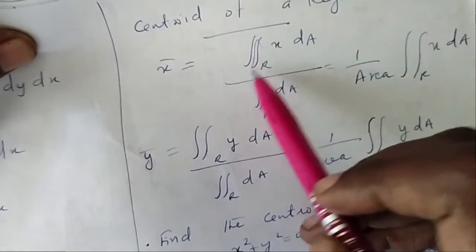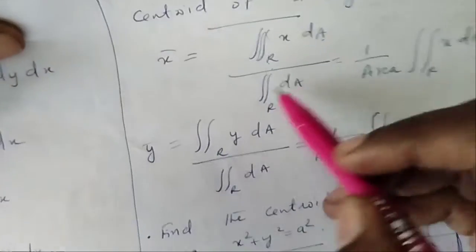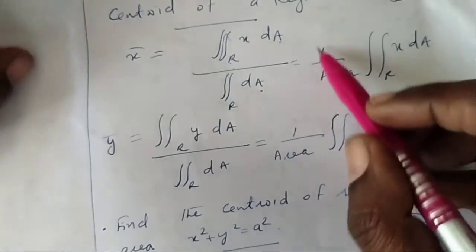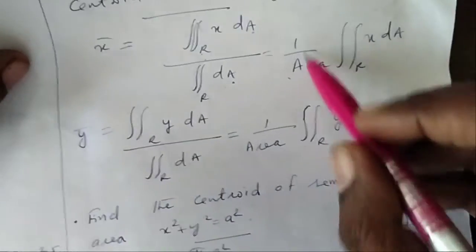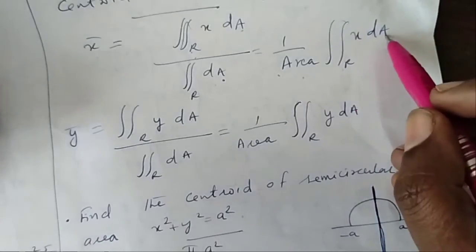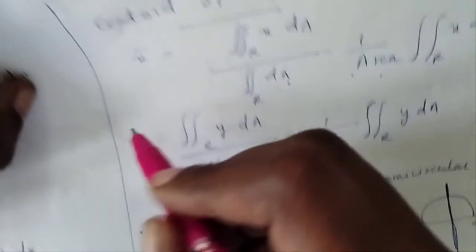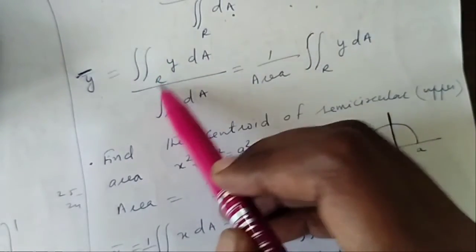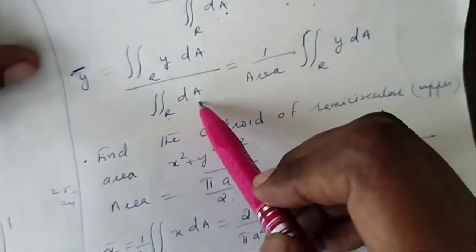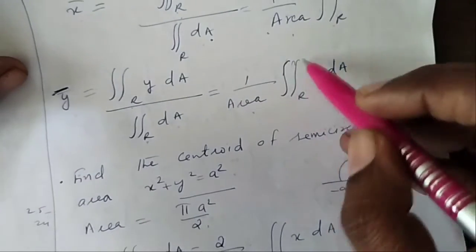So x bar is the double integral over R of x dA by the double integral of dA. The double integral of dA is the area. So x bar is 1 by area into the double integral over R of x dA. y bar, the y coordinate of the centroid, is the double integral over R of y dA by the double integral over R of dA. It is 1 by area times the double integral over R of y dA.